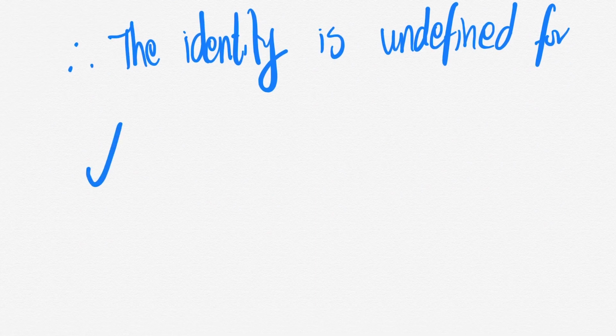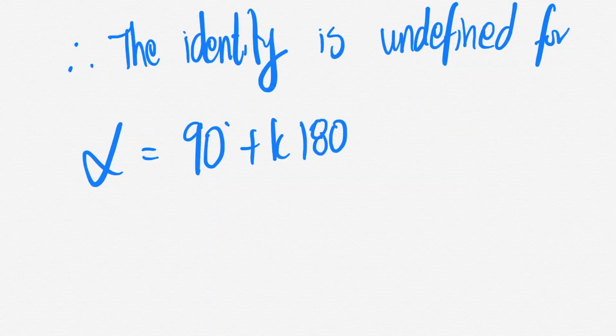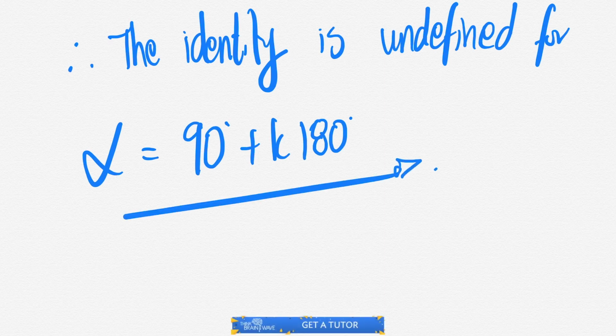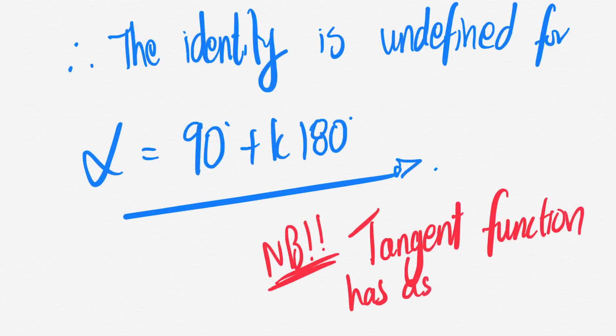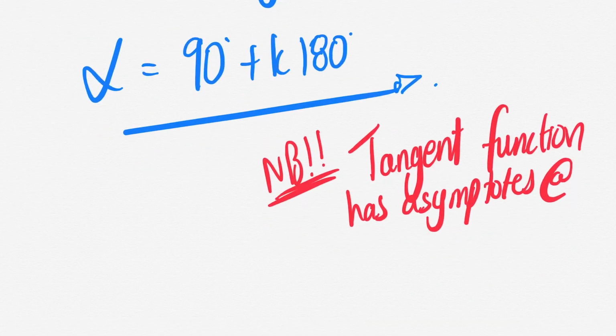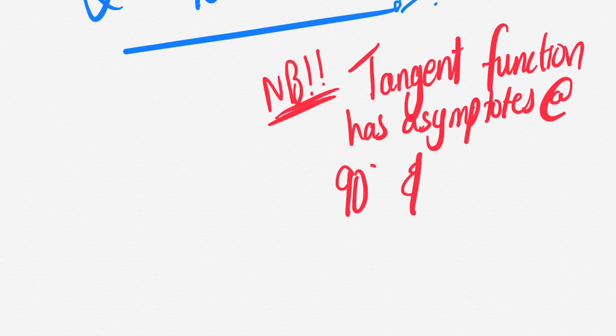So let's look at the identity. The identity is undefined for alpha when it's equal to 90 degrees plus k180. Now that's your general solution, the k180 part, for tan. So you'll have 90, and when any value of k multiplied by 180 is within your set, so if you've got your limit set to negative 360 to positive 360, then you'll have to define certain values of k, and then with those values you'll calculate values of alpha, and then you'll be sorted.